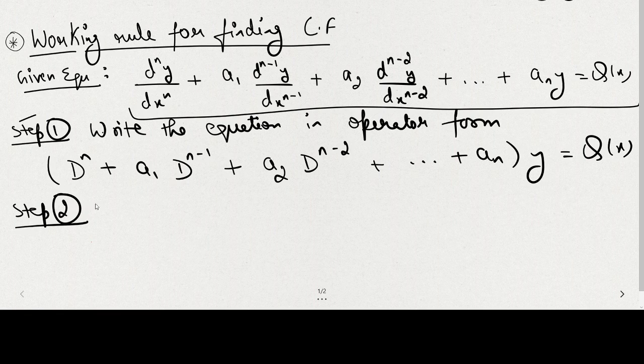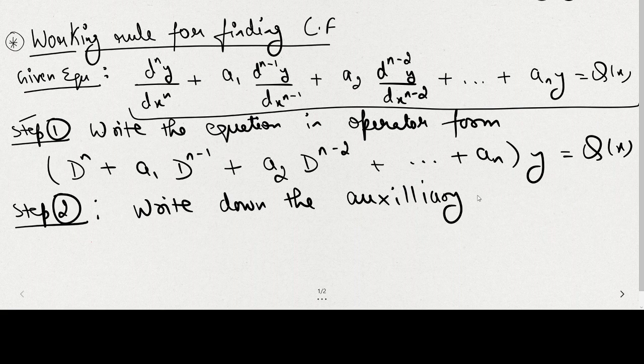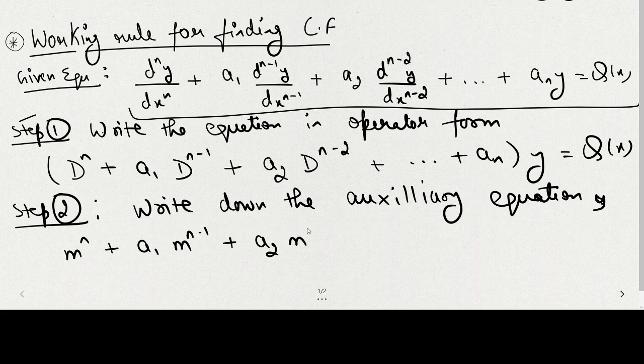Now what is step 2? Step 2 is to write down the auxiliary equation. So the auxiliary equation is m^n plus a1 m^(n-1) plus a2 m^(n-2) plus dot dot dot plus an is equal to 0.